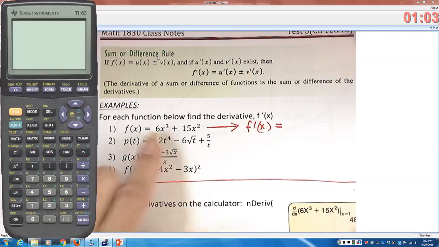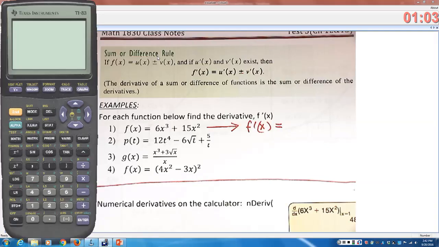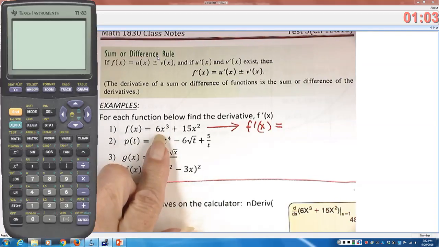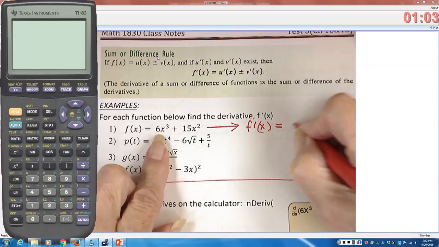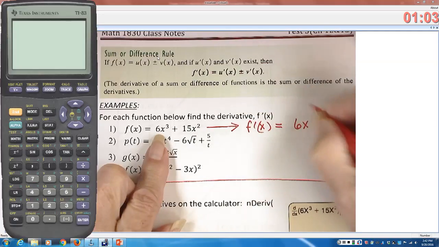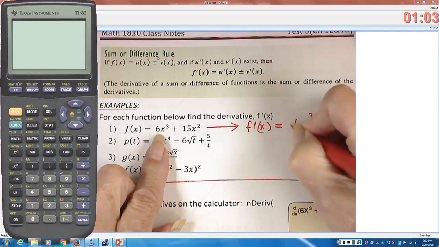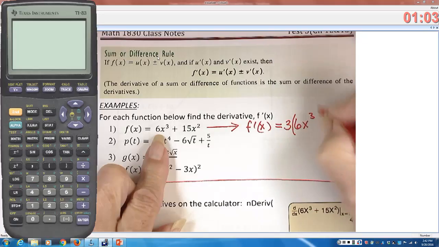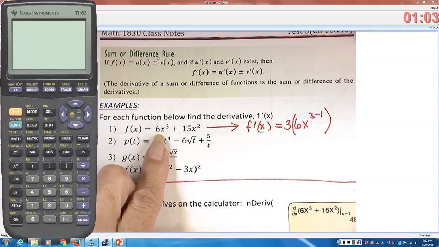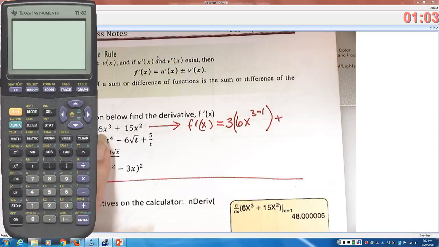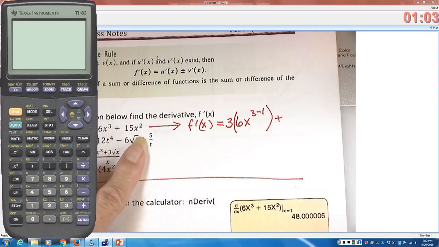Now this is a trick that I do about the constant and the drop and reduce. I'm just going to let the 6 sit there. So it's going to be 6x, my third power is going to drop and reduce. Drop and decrease. Plus 15x squared.